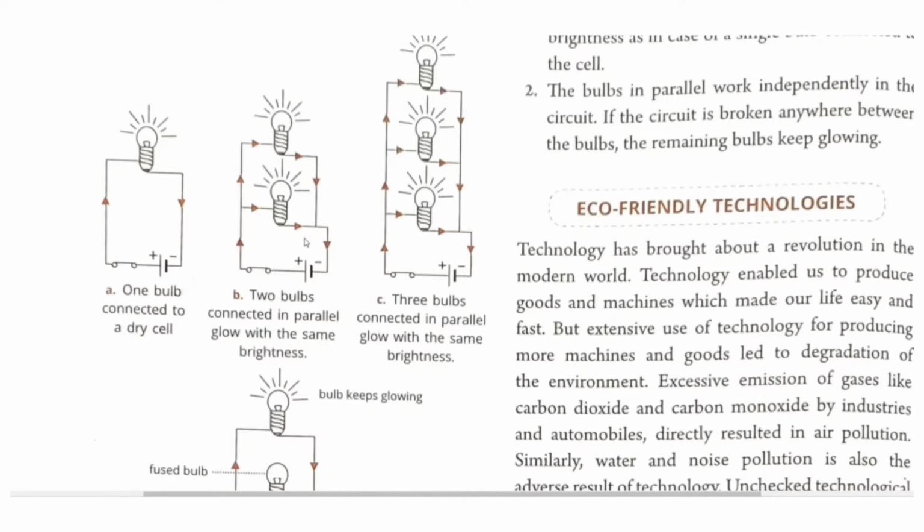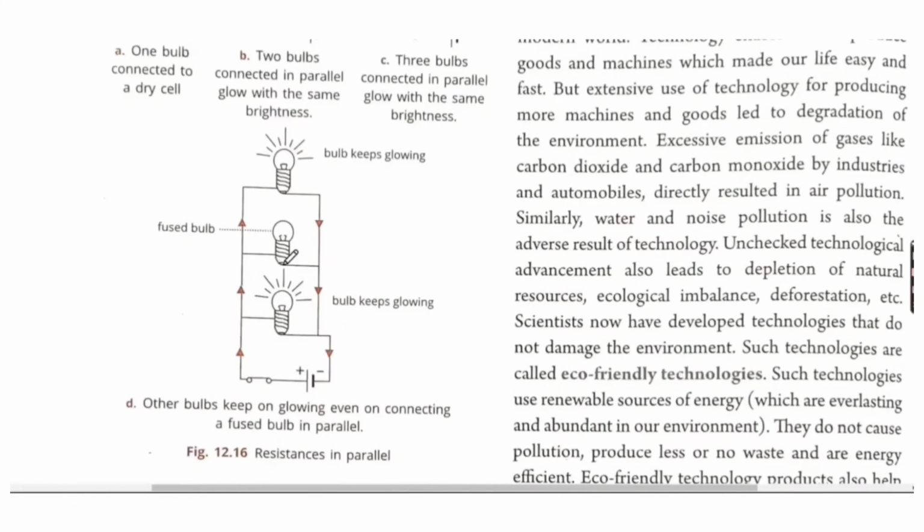And students, if there appears any break in the circuit, then it will have no effect on the working of the other bulbs. The electric current will abandon this path, taking the other path, the current will cross the circuit and return to the negative terminal.